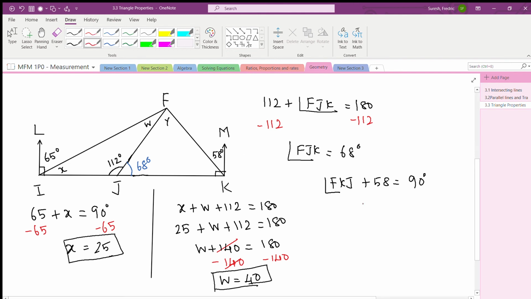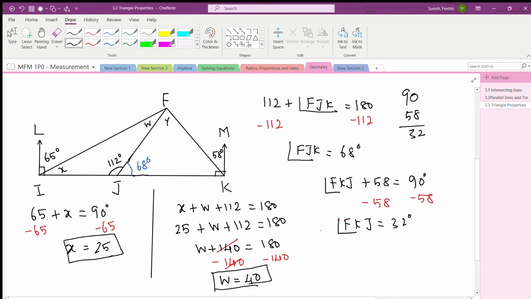So subtract 58 from both sides. And what do we have? Angle FKJ equals 90 take away 58: 10 take away 8 is a 2, 8 take away 5 is a 3, so that is 32 degrees.